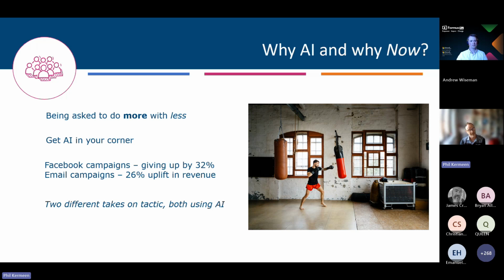Are they more or less than B? We have an example here, a New York-based nonprofit charity called Water, and they used AI to optimize its Facebook campaigns. And it increased the conversion numbers by 32%, which is obviously a huge gain for an organization from a fundraising perspective.